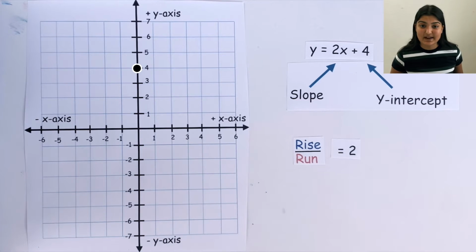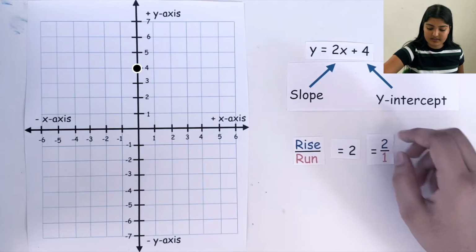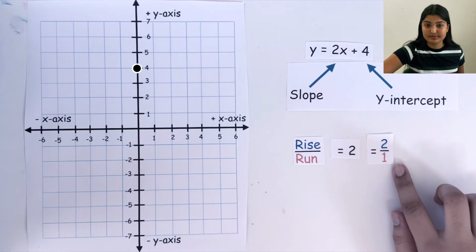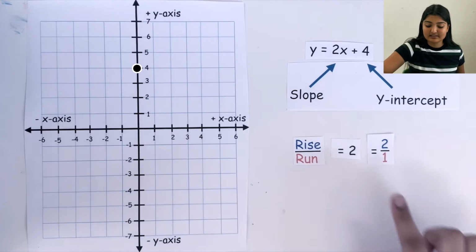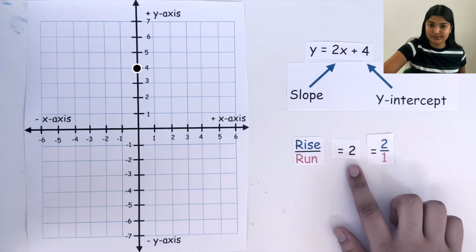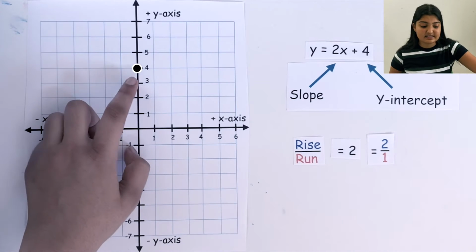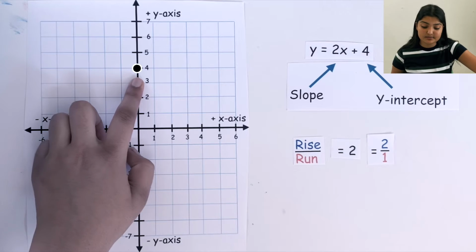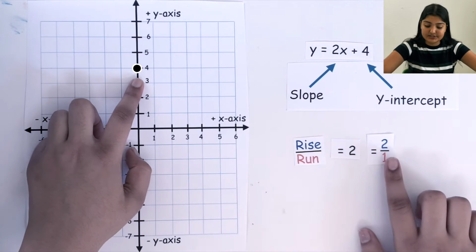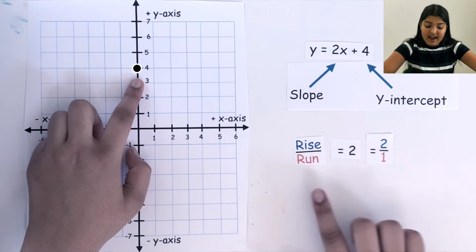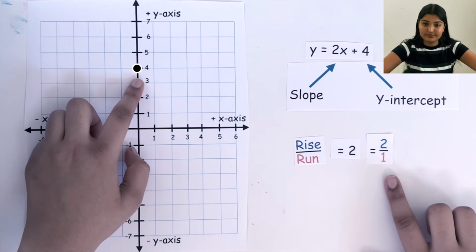So let's rewrite the slope as 2 over 1, which remember is the same as 2. This tells us that from the y-intercept, we must rise 2 units and run 1 unit.